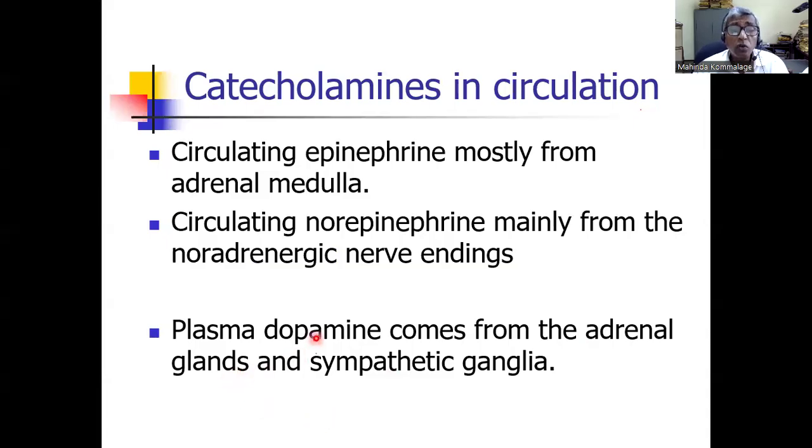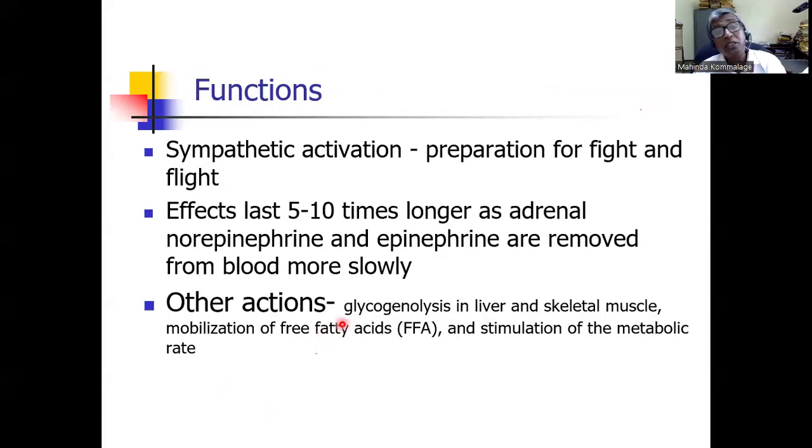Another hormone called dopamine is also secreted from the adrenal gland and will play a minor role. Dopamine is also not that important. Function: of course, adrenal hormones are important for sympathetic activation.